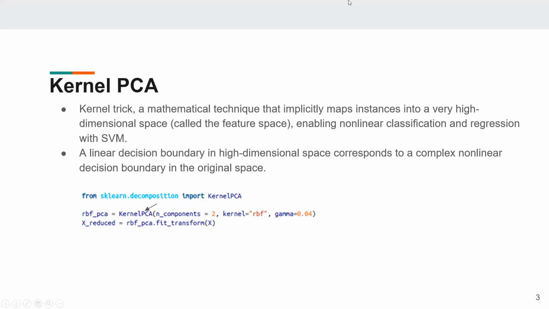In scikit-learn, you could leverage kernel PCA by doing this. Just define the number of components and then define your kernel and the corresponding gamma parameter. In this case, we use the RBF, radial basis function kernel, in the kernel PCA.